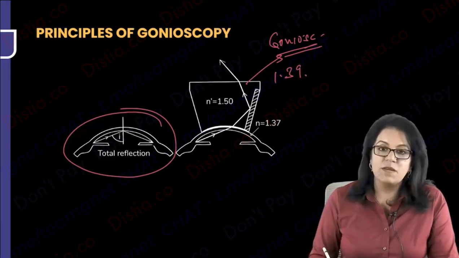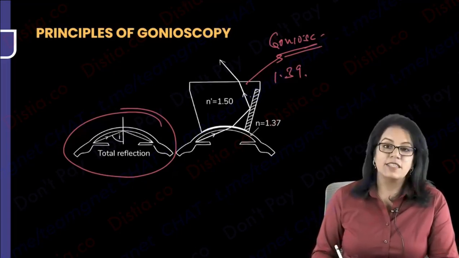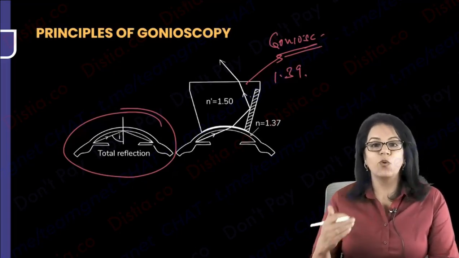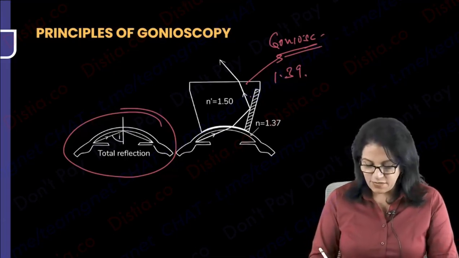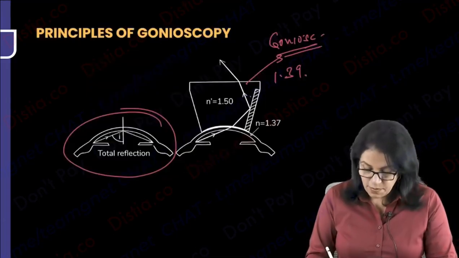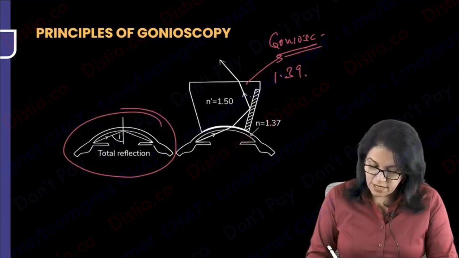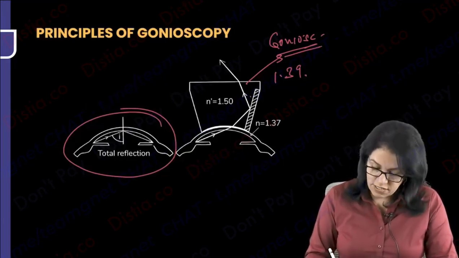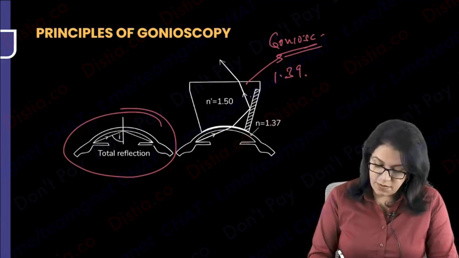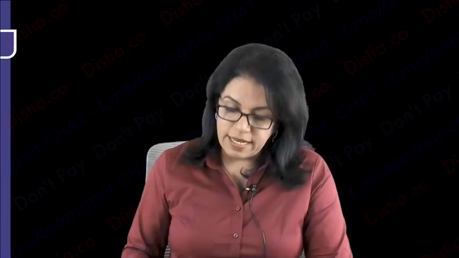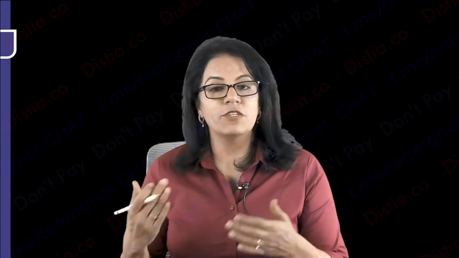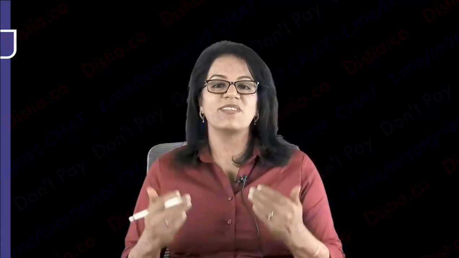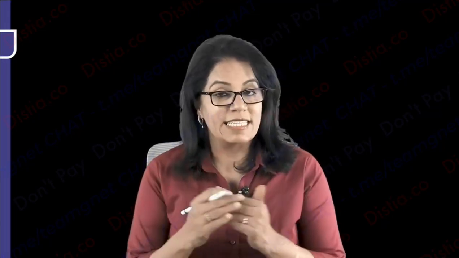So now the lens becomes denser and the other becomes lighter. Then there is no total internal reflection, and there is a mirror here. The light traveling from the angle first hits the mirror, is reflected from the mirror, and then you are able to see. It could be direct also. I can directly visualize, but just understand the principle of gonioscopy. This can be asked.